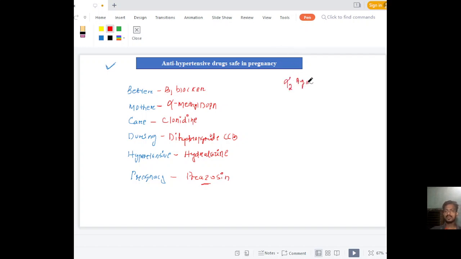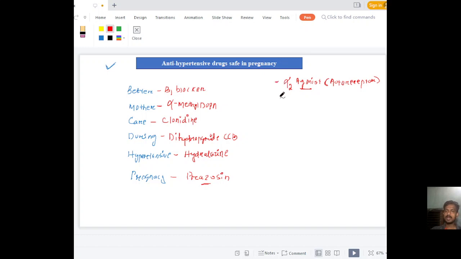Okay, a few classes I forgot to discuss: alpha 2 agonists. As you know, alpha 2 acts as an autoreceptor. So it basically acts as a brake.